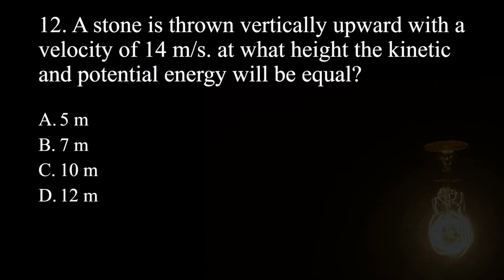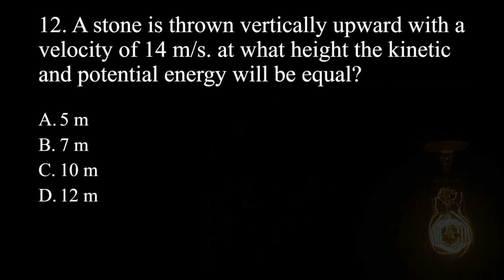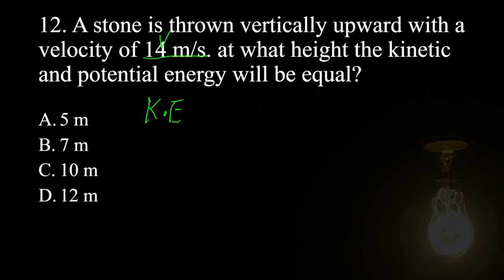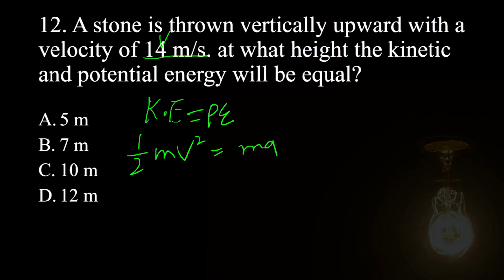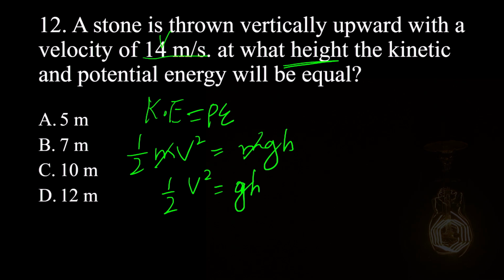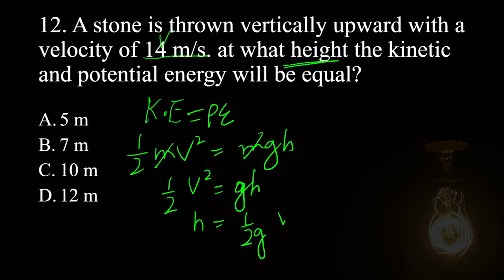A stone is thrown vertically upward with a velocity of 14 meters per second. At what height will the kinetic and potential energy be equal? The given condition is that kinetic energy is equivalent to potential energy, where kinetic energy is half mv square and potential energy is mgh. After cancelling masses, we have to calculate the height. Separating height, it will be half v square divided by g.